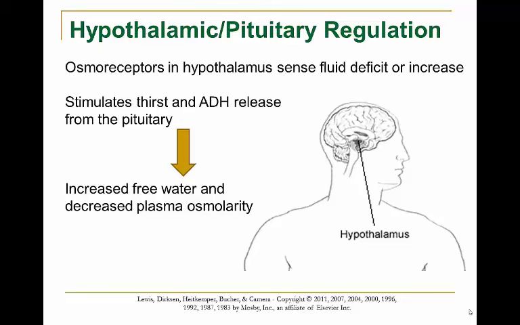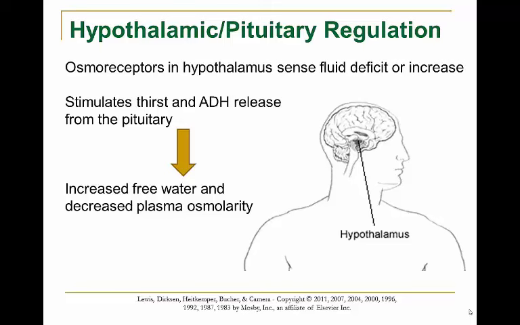That ADH acts on the distal tubules, increasing permeability to water, increasing water absorption, increasing arterial pressure, increasing perfusion, and the kidneys retain water, boosts blood volume, decreases osmolality, and then ADH secretion is ultimately inhibited because we no longer need that anti-diuretic hormone. So it's kind of an interesting thing.